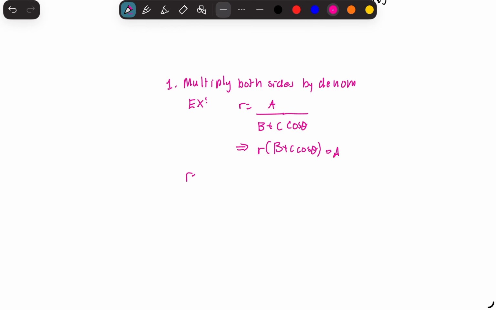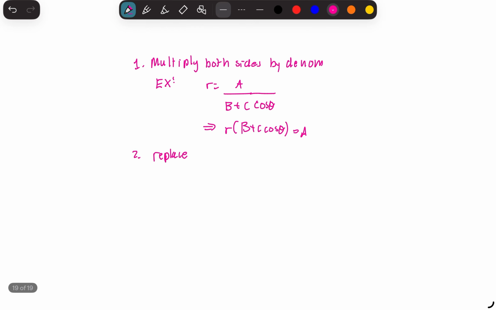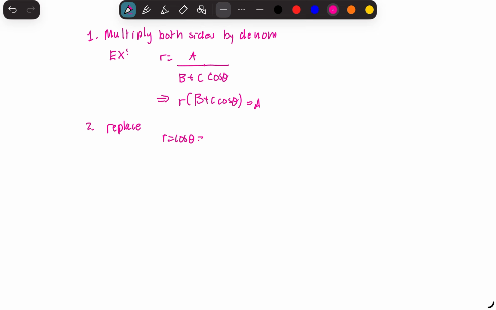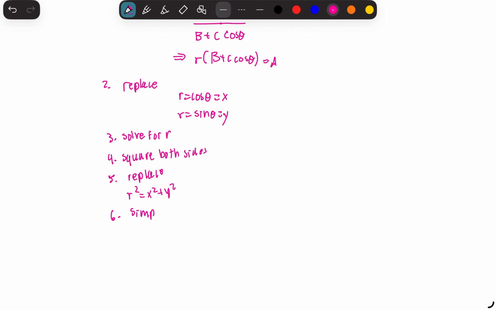Then you would replace r cosine theta with x, and r sine theta with y. And after this, you would solve for r. You would square both sides, and then you would replace r squared with x squared plus y squared, and then you would simplify and complete the square if needed.